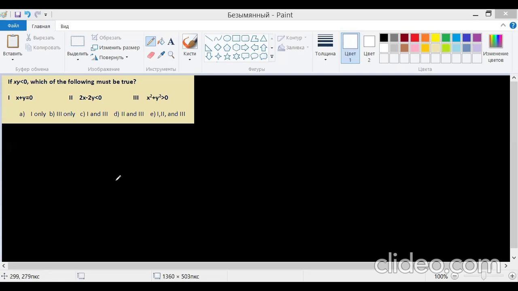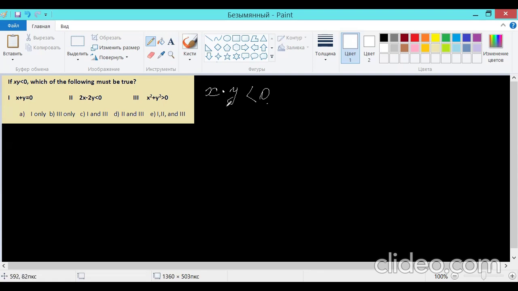Now, what did we get? We got the product of x and y. We got two unknowns, x and y, and their product is less than 0. So x times y is less than 0. What does it mean? It means only one thing, that one of the two unknowns is negative.